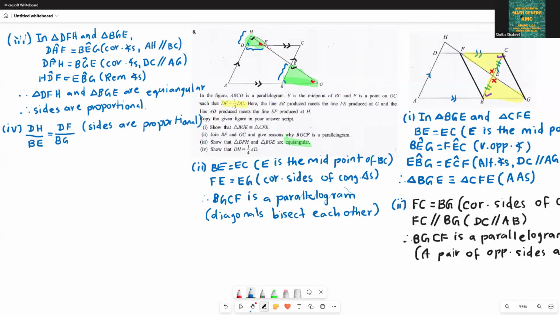The sides are proportional. So now we have to change only DH is equal to 1 over 4 AD, which we have to show. So one by one we have to change. We will write DH as it is because we need that.